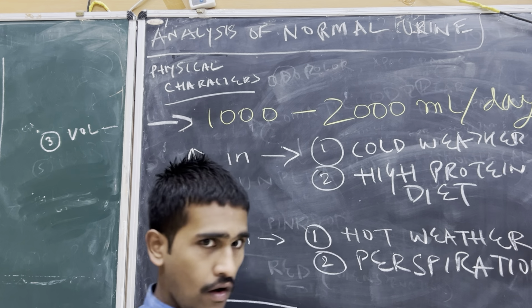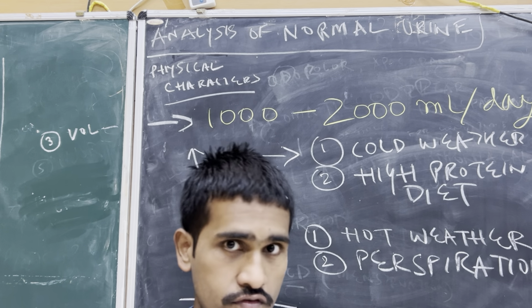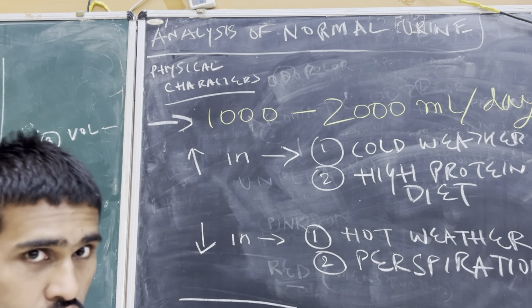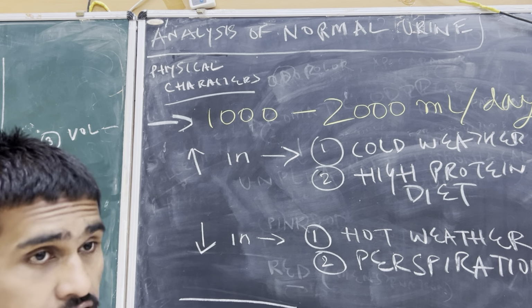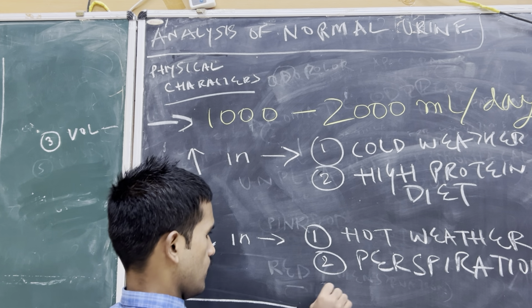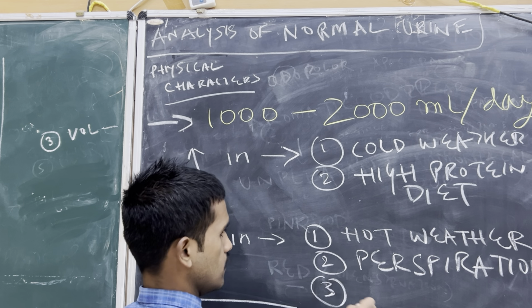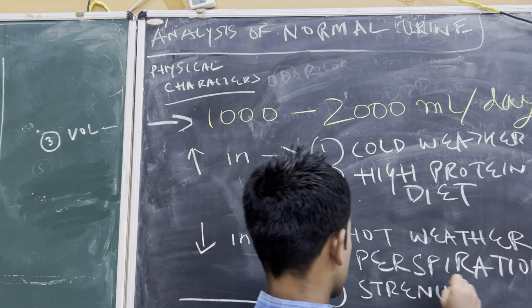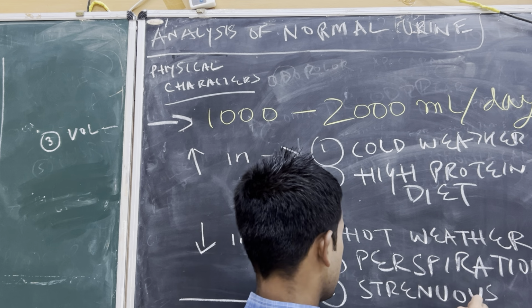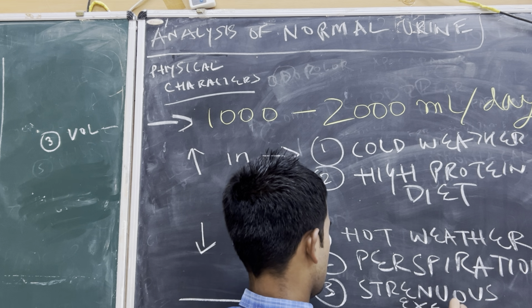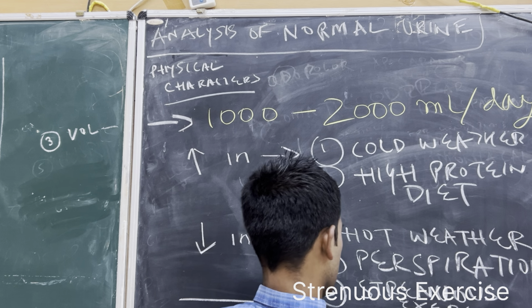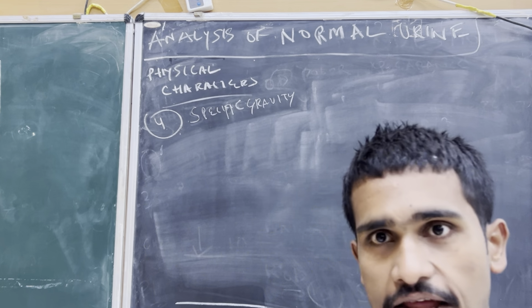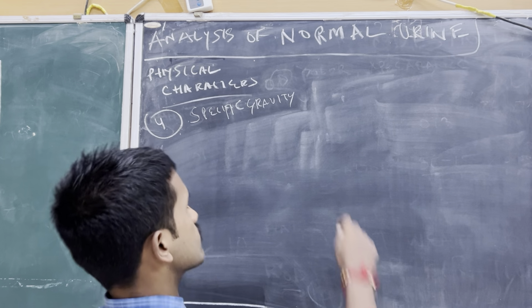If you are sweating, already your fluids are being lost as sweat, so you will not feel the need to void again. And 3, strenuous exercise. Even strenuous exercise will lower your urine output.